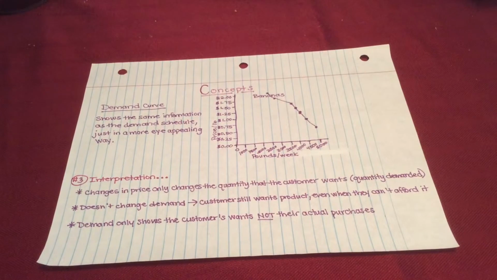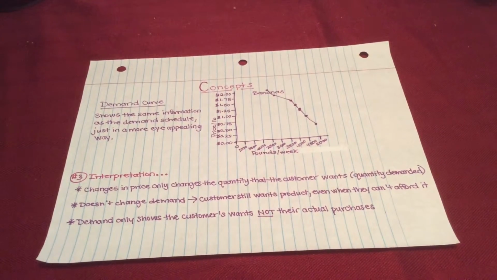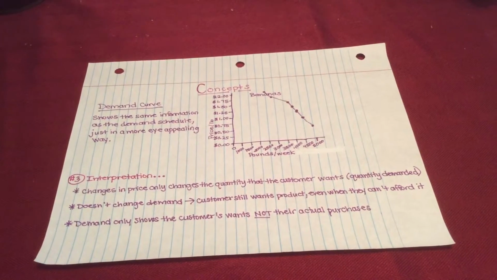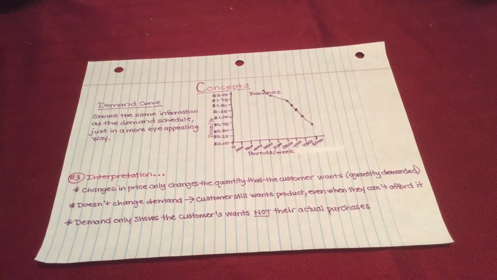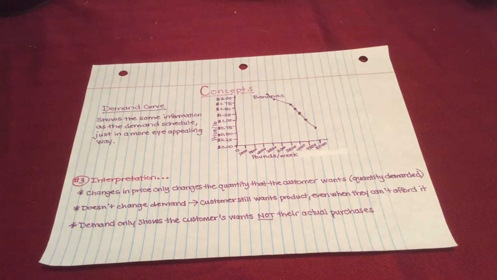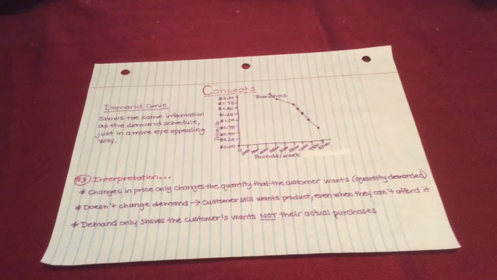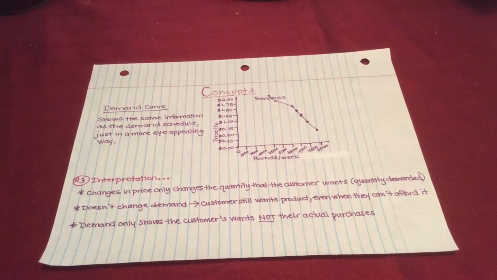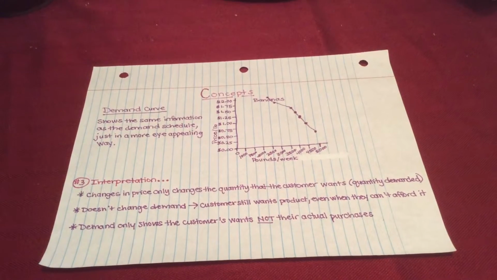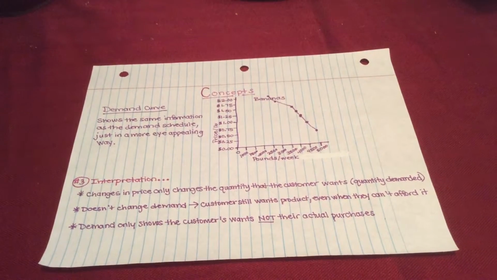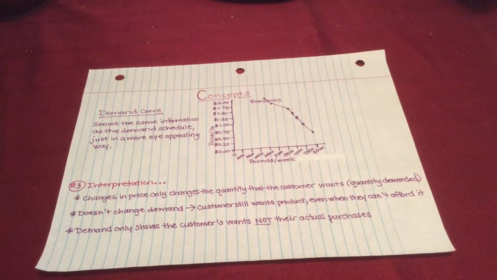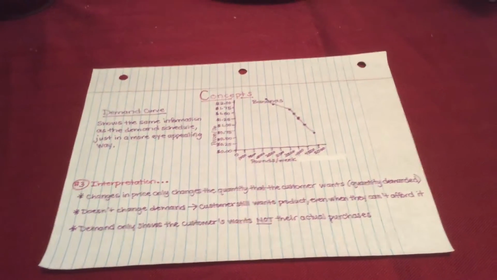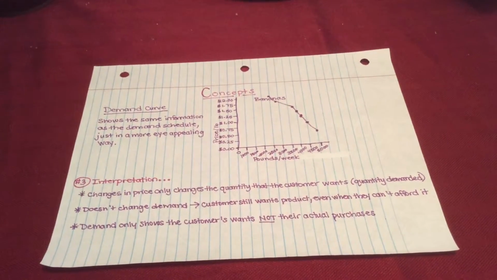The second is that the price and the quantity don't actually change the demand. The customer still wants the product even when they can't afford it or don't feel that the price matches what the product is worth. And the last is that demand only shows the customer's wants, not their actual purchases, so not what they've actually bought.